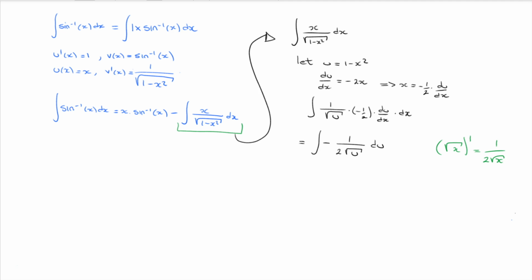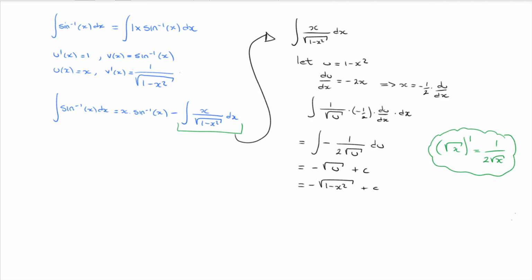So if you didn't know that off by heart already, trust me, it's worth knowing. It comes up a lot. Therefore, looking at our integral here, the integral of negative 1 over 2 root u is going to be equal to negative square root of u plus some constant of integration. And that's equal to negative square root of 1 minus x squared plus some constant c.